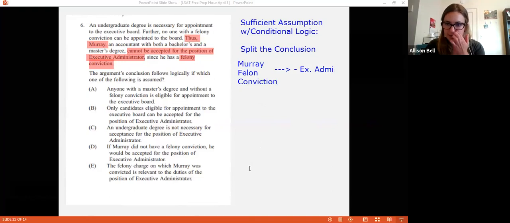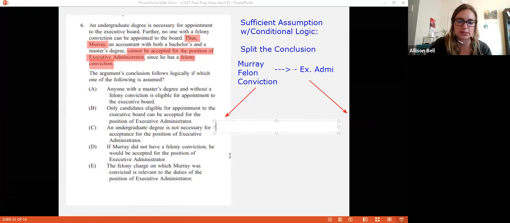So I start by kind of diagramming out the building blocks of what this argument is trying to claim. And then I'm going to take those building blocks and try to figure out how they arrived at that. So what premises help to unite that conclusion. So this is where I split the conclusion.